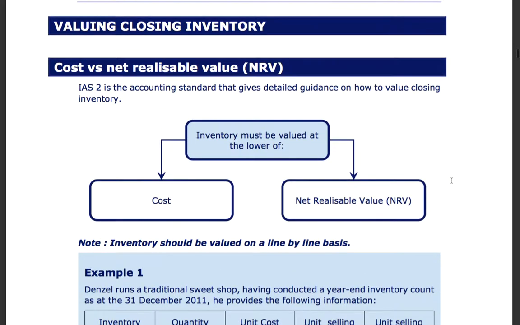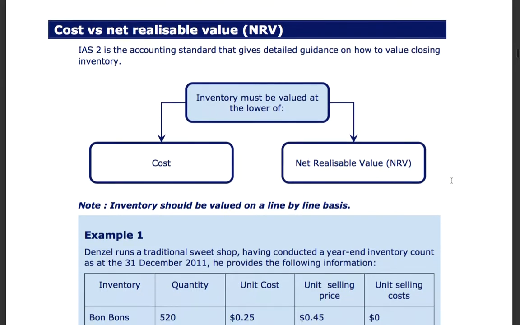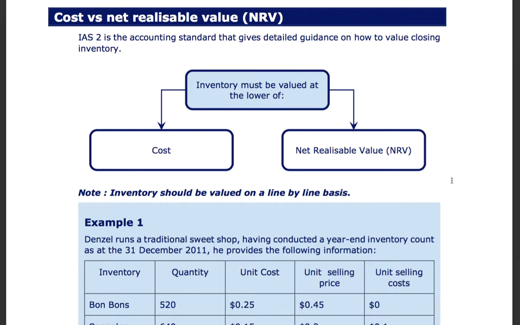Moving on, so valuing closing inventory. Now this is where IAS 2 Inventories, the International Accounting Standard, was issued for inventories a long time ago. That hasn't been changed for a really long time, and I don't really see a reason why it needs to be changed anyway.